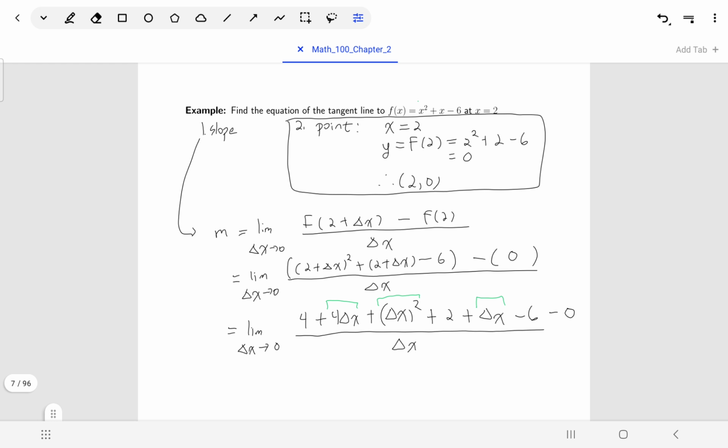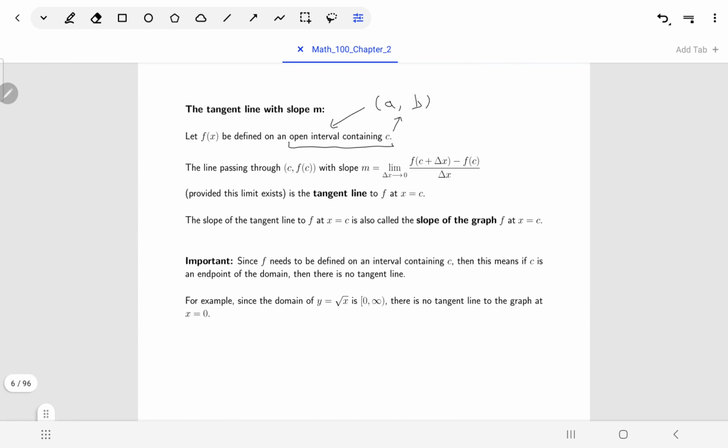One thing that I probably would want to mention to everybody before I continue on is, how did I even know that this limit should exist? How did I even know that I'd be able to find a tangent line? If we're going back to what we've said already in the previous slide, whatever point we're looking at, if we're looking for a tangent line there, it needs to be inside of some open interval containing that point where our function is defined.